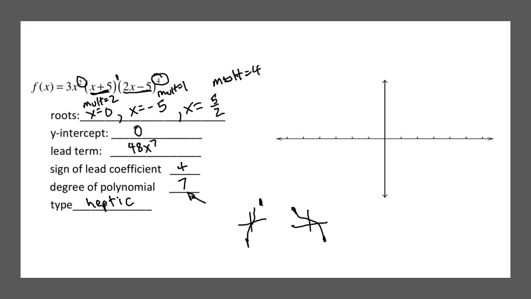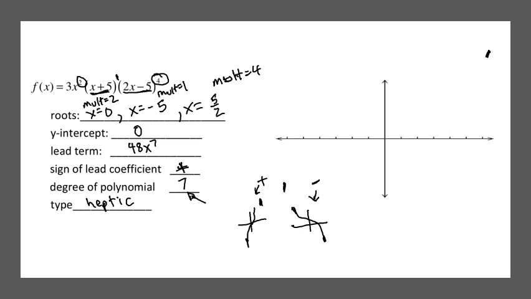So in this case, this is what happens when the leading coefficient is positive, and this is what happens when the leading coefficient is negative. And since our leading coefficient was positive, we know that one end is going to increase as x increases, and the other end is going to decrease as x decreases.